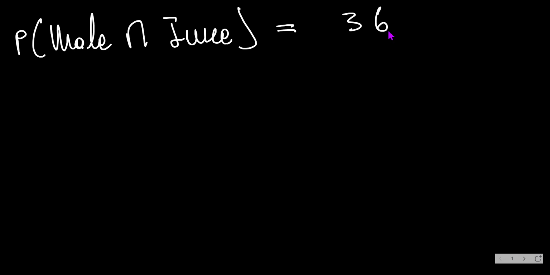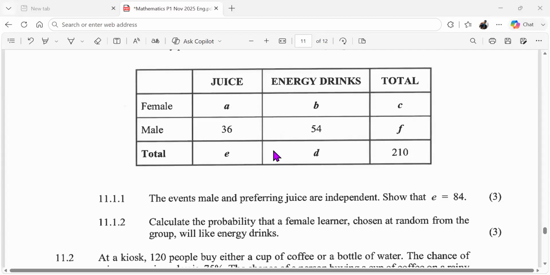But the question is 36 out of how much? Out of 210. Let's show you once again. 36 learners are males who happen to prefer juice. So that's the probability of male and juice. 36 out of a total of 210. 210 is the total number of learners.